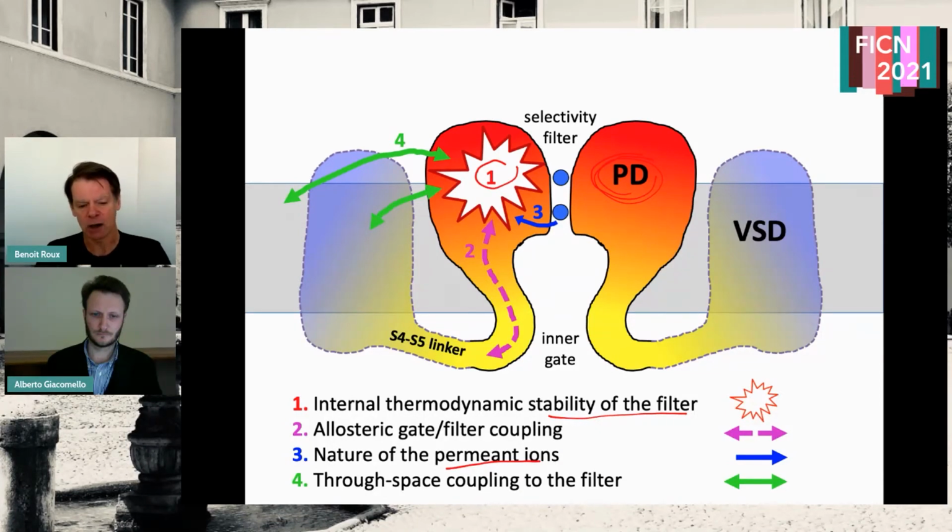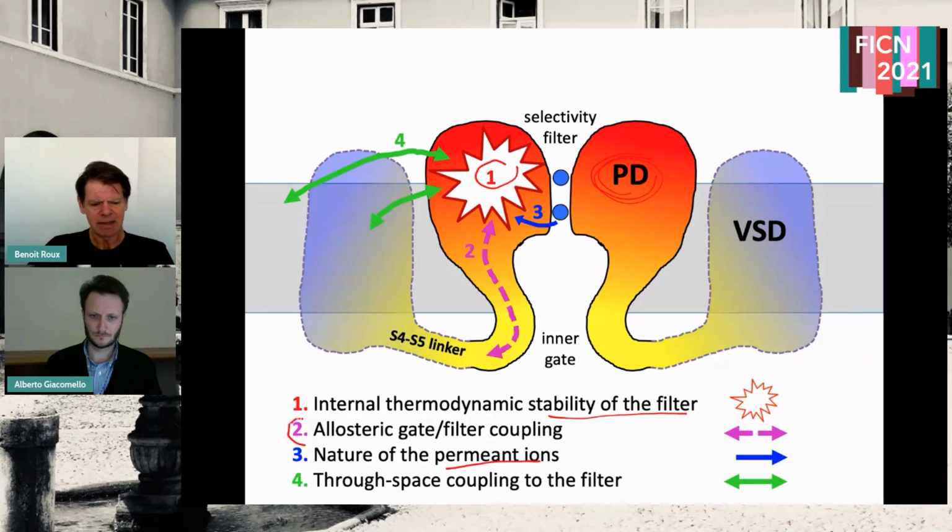So that is not shocking. It is going to be a difficult effect to tease out, because you have to really, at least from a computational point of view, describe the interaction of ions with the filter with very high accuracy. So that's going to be a difficult thing to tease out.